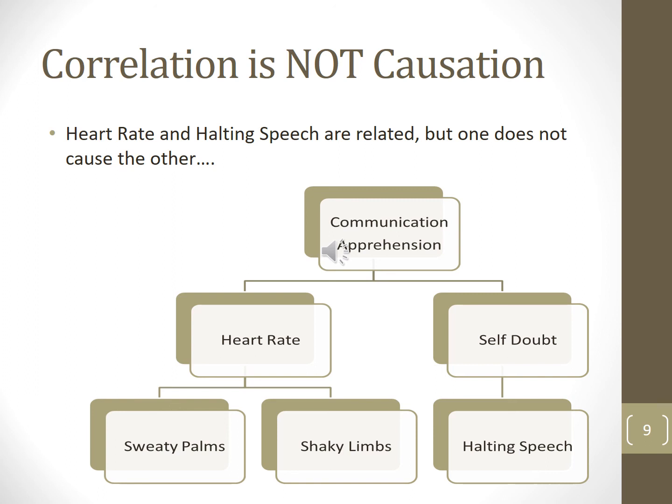But the fact that your heart is racing is not causing your speech to be halted. So there is a correlation because there is an underlying process that's occurring that's related. But one is not causing the other. They are both related to something more fundamental. And this is most often what's occurring when we establish a correlation. We're finding that one thing is related to another because they're both related to an underlying phenomenon, not because one is actually causing the other to occur.